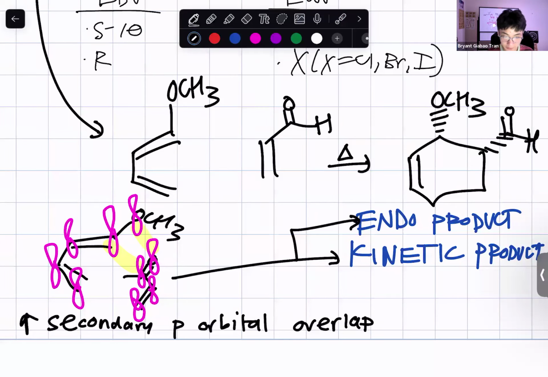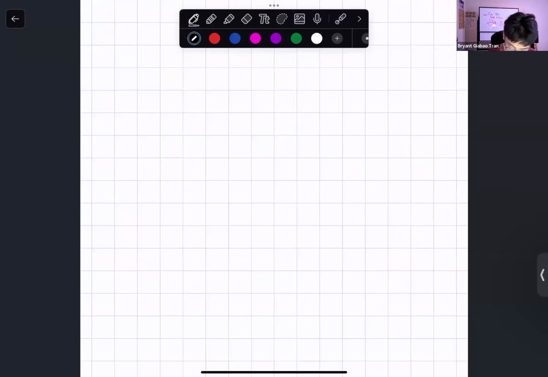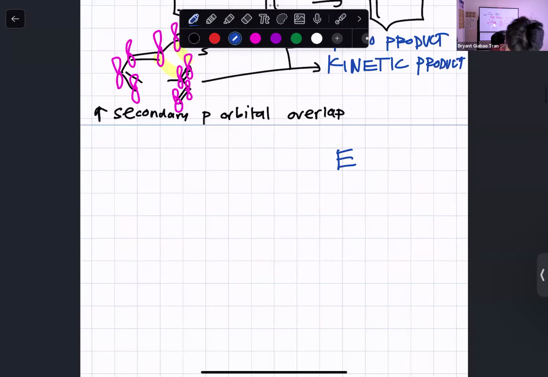Great. So this is going to be more for vocab, where if she mentions the exo product, the exo product is going to be the thermodynamic product, the more stable overall end product.